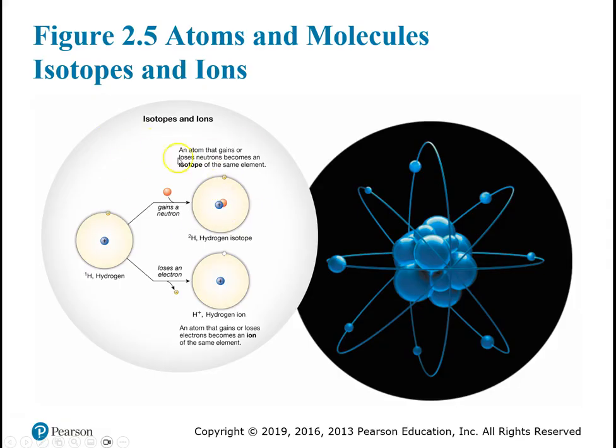This is really important when we look at radioactive substances. Many isotopes of various elements are radioactive, not necessarily every isotope of every element, but that is very common. Whereas if we change the structure here by losing an electron, that creates an ion.